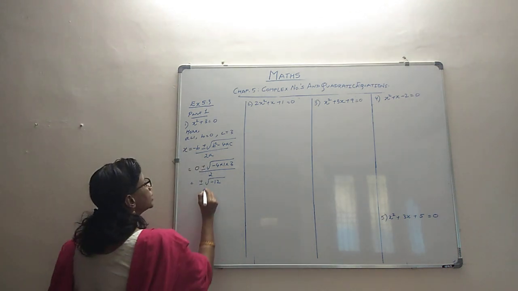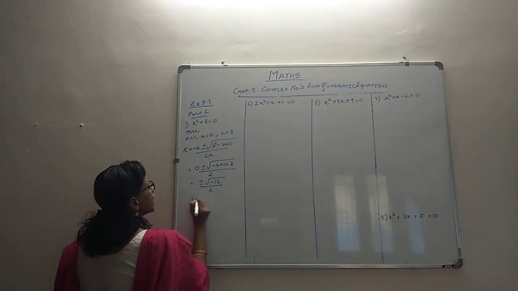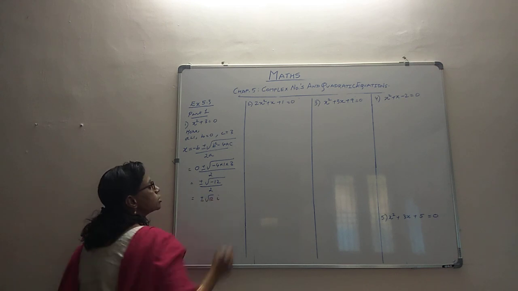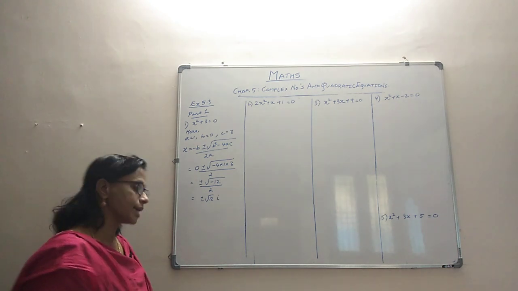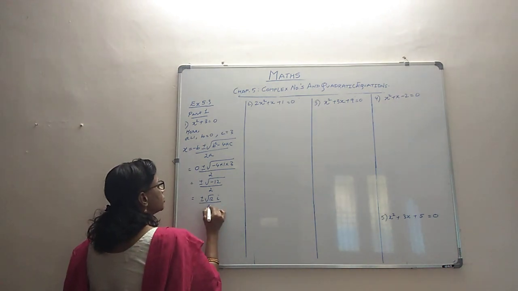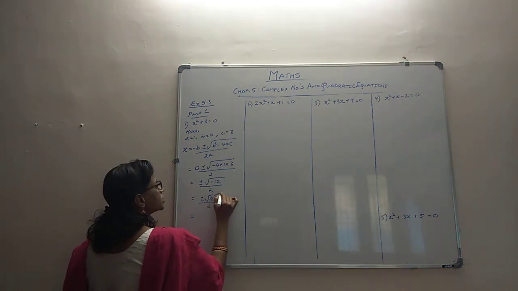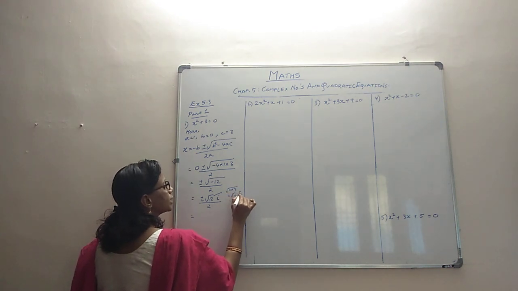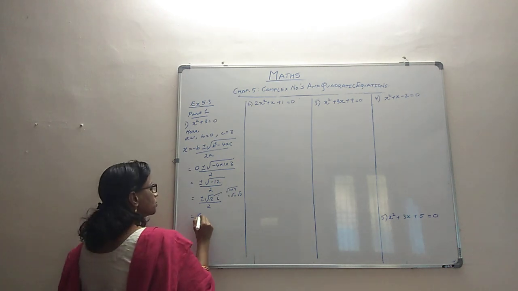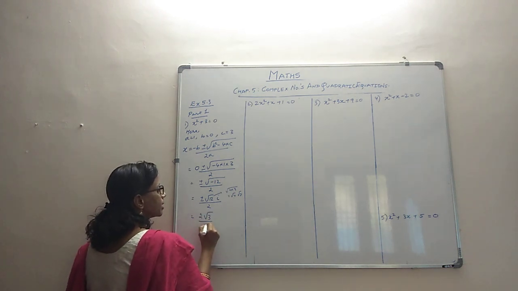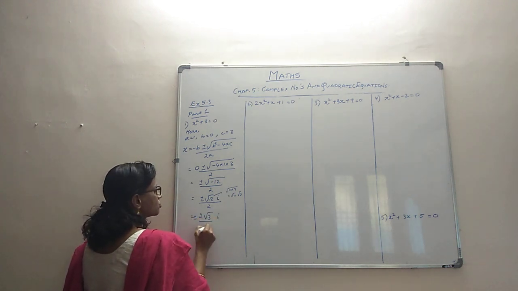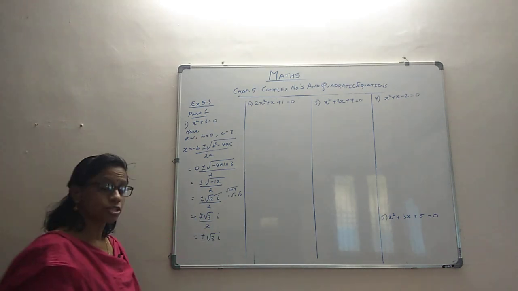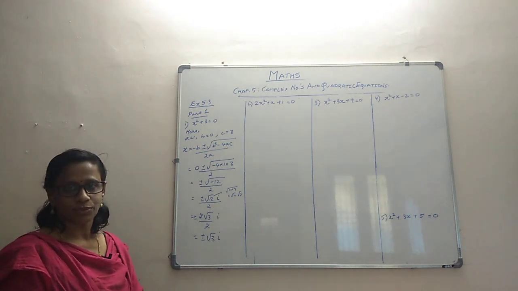So we have plus or minus root 12 i by 2. This 12 is 4 into 3, so root 4 into root 3, and root 4 is 2. So 2 root 3 i by 2, the 2 gets cancelled. You have your roots as plus or minus root 3 i. That's the root of this equation.